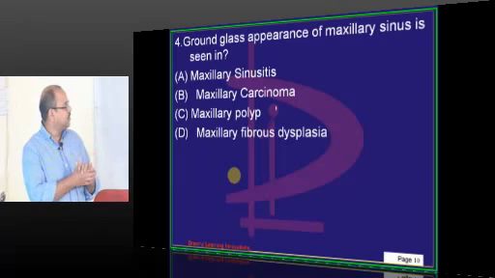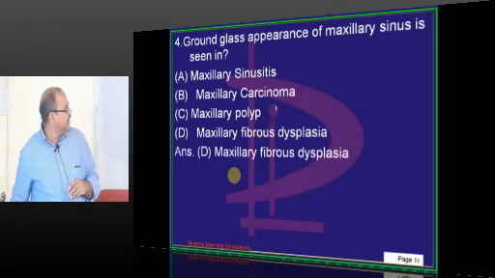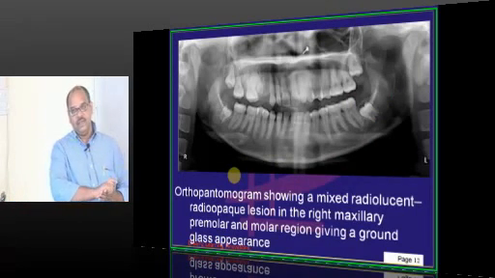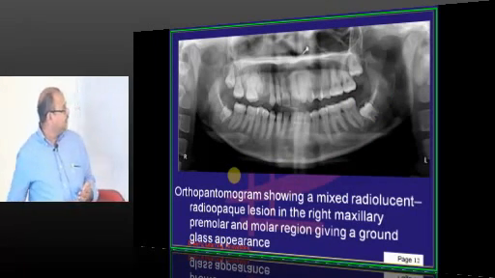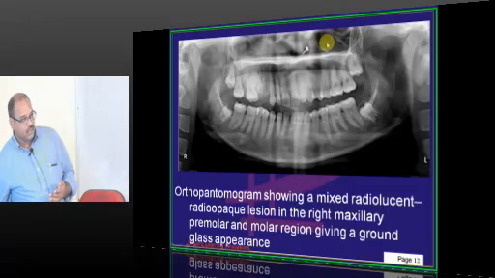That type of picture is seen in the maxillary sinus like this. This is the OPG, orthopantomography, where you can see the ground glass appearance here. Compare to the other side. The normal side is almost translucent, whereas this is ground glass appearance.